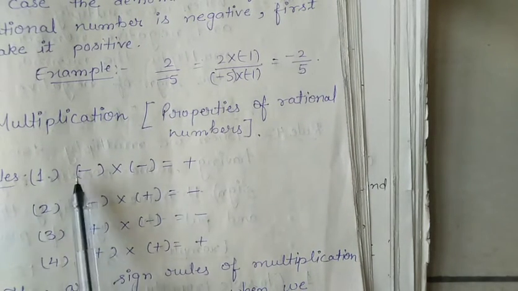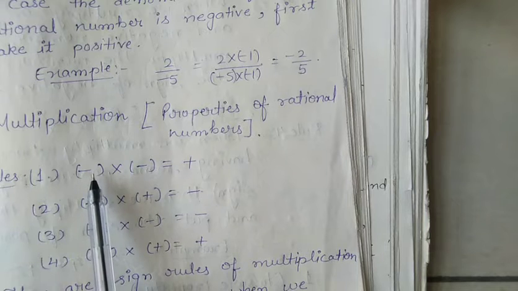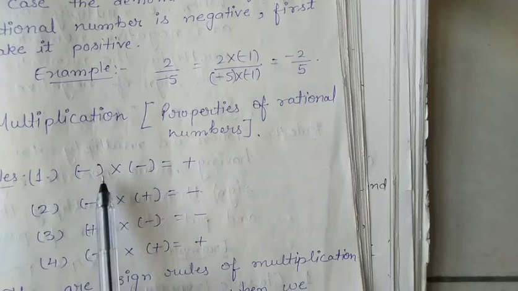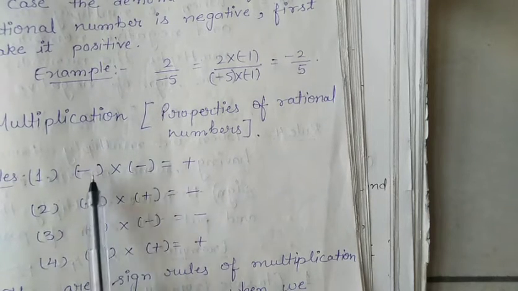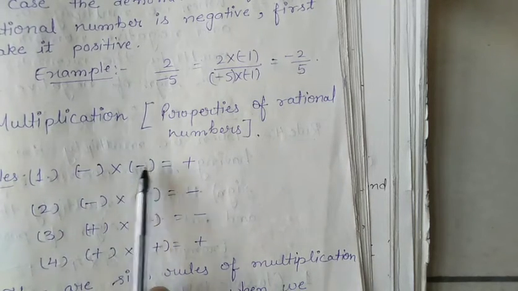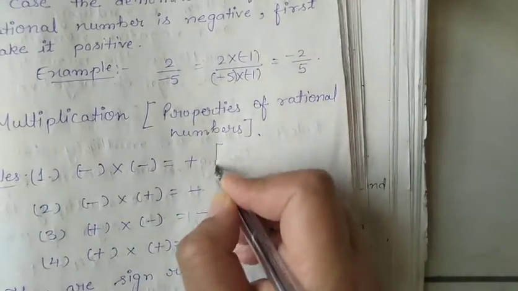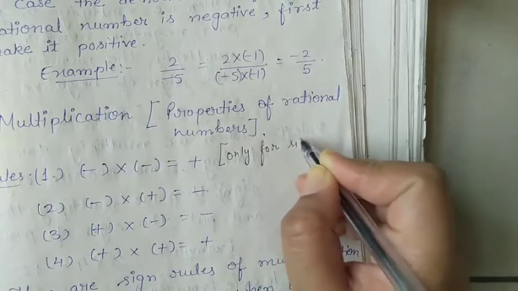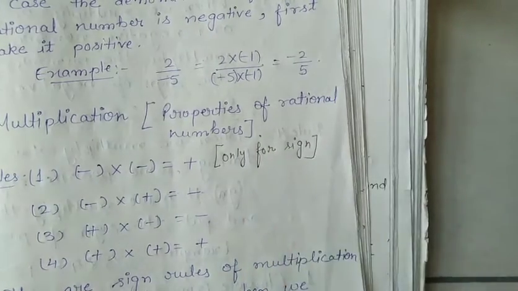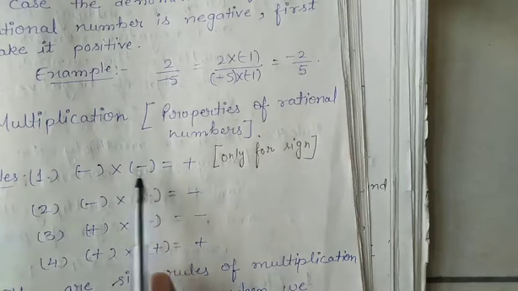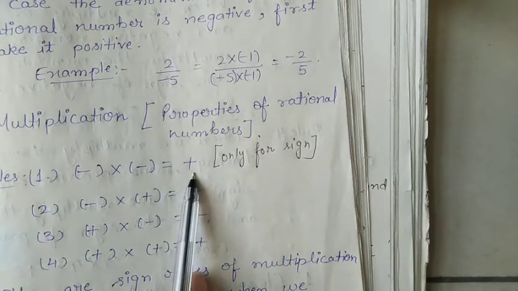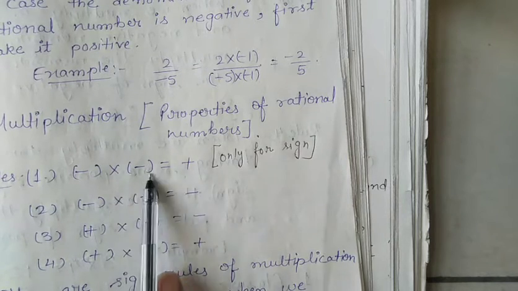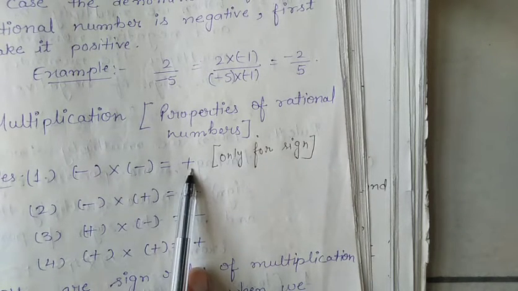The first rule is when we multiply numbers, if they have negative signs, it means minus into minus, the sign would change, and these rules are only for changing sign. Minus into minus, that is plus. We have to put the sign of plus. We multiply the numbers and we put here the positive sign.